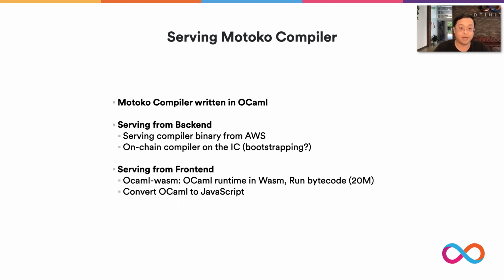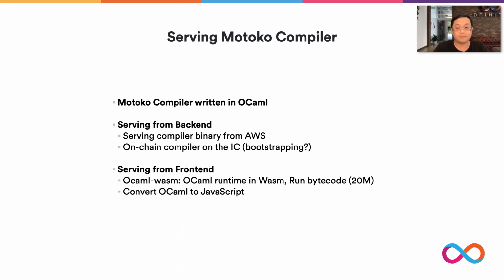So as a middle point, we want to deploy this in the front end. And in this approach, we basically have two different ways. There's this OCaml Wasm NPM package, which basically provides an OCaml runtime in WebAssembly. And then you can run any OCaml bytecode in the front end directly.